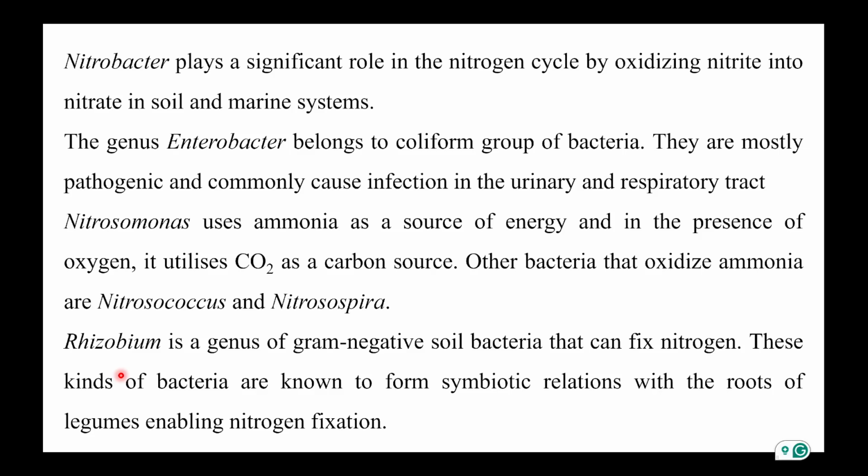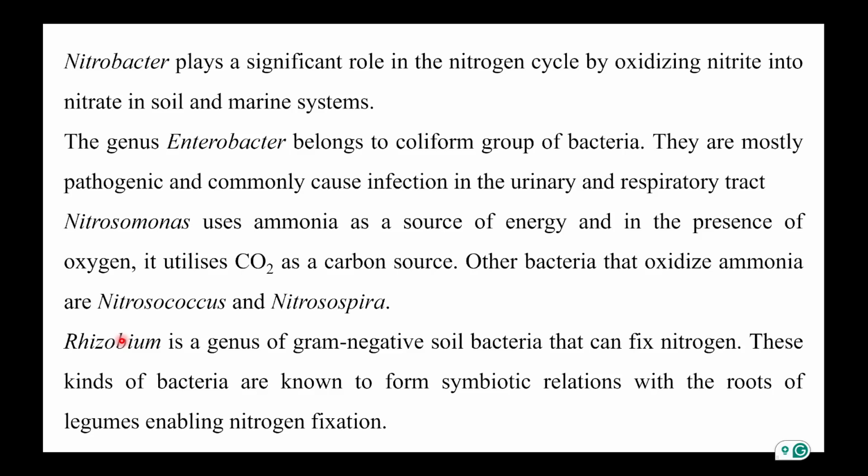So all the pea family plants basically come under this category of legumes, and their roots have these spherical structures called nodules, in which these rhizobium bacteria reside, and they fix the nitrogen.